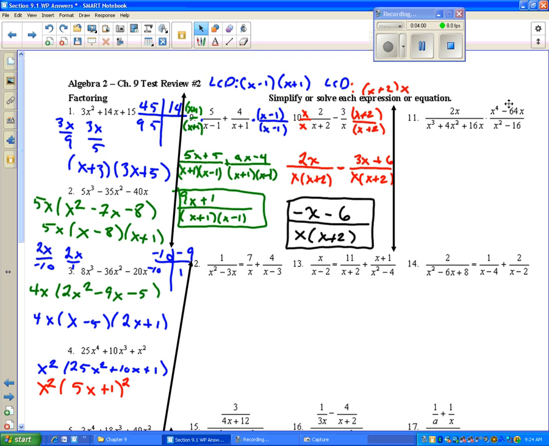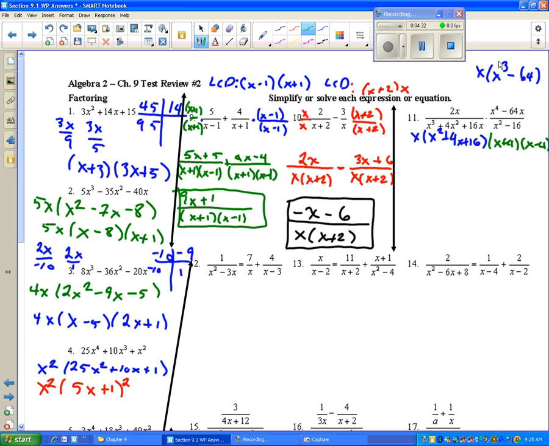Here I can factor out an x, and that's going to leave x cubed minus 64. Here I can factor out an x, and that's going to leave x squared plus 4x plus 16. Here, this is going to factor into x plus 4, x minus 4.